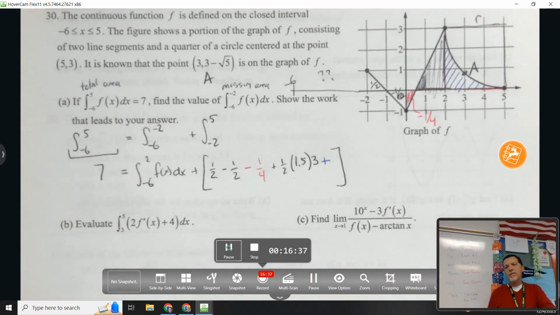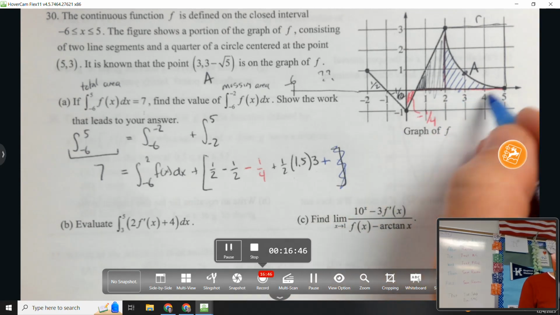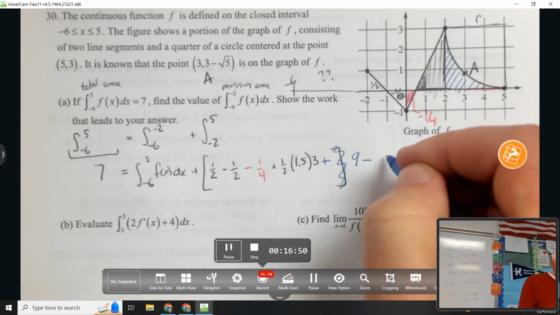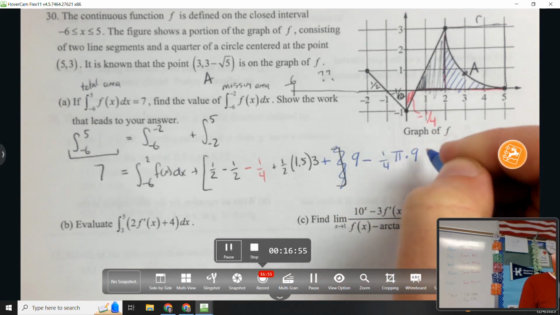And that's like the big circle minus a, or excuse me, the big square minus a 1/4 of a circle. So plus, the big square is 3 times 3, and the 1/4 of a circle is 1/4 pi times r squared.